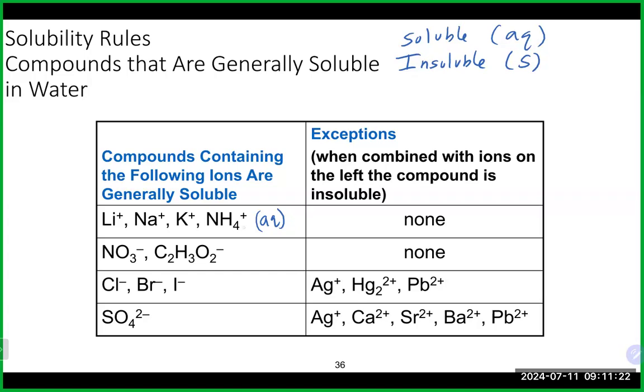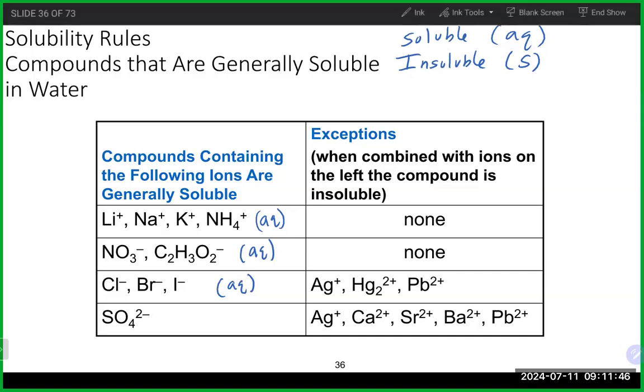Same thing here, if you have something with nitrate or acetate in it, there are no exceptions. So as soon as you see that in a formula, you know 100% of the time it's going to be aqueous. You're not going to expect any type of solid that forms. In addition, if you have chloride, bromide, or iodide, those are also going to be soluble.